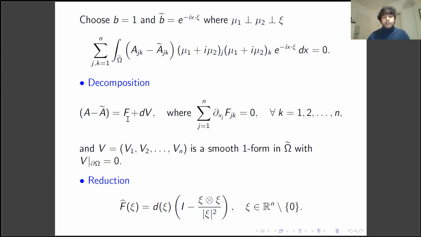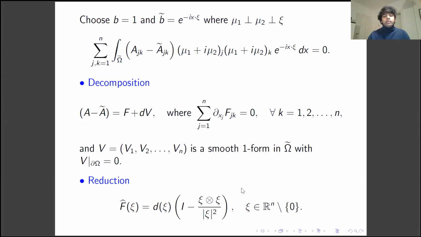And if we do so, then we end up with this relation. This is the further deduction we do from this step, that the Fourier transform of F can be written as d psi as identity minus psi tensor psi by psi squared. And this is true for all psi in Rn minus 0. Once we have that, we can invoke the Riesz transform, and we can write everything down from the Fourier space in the physical space.